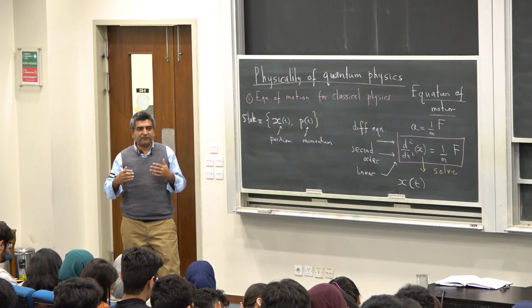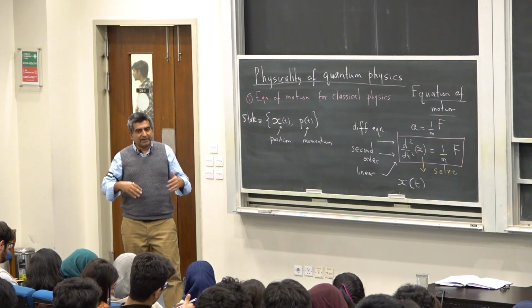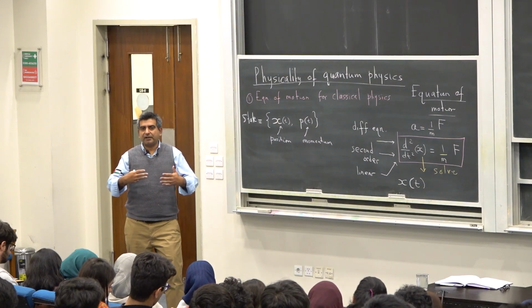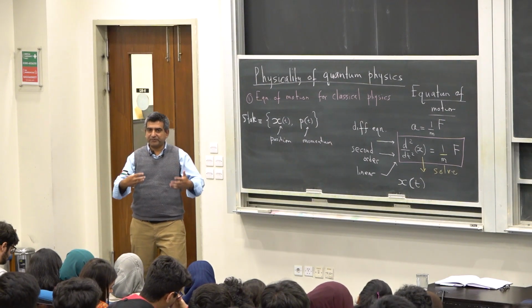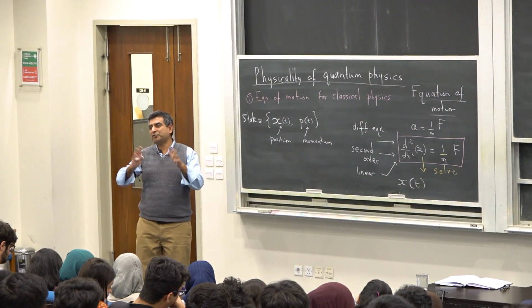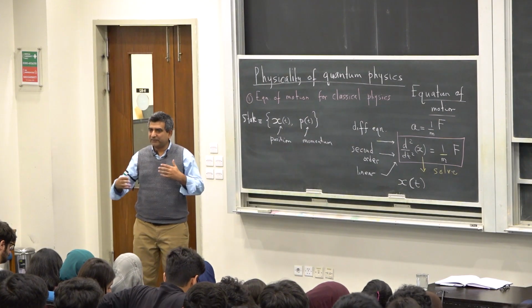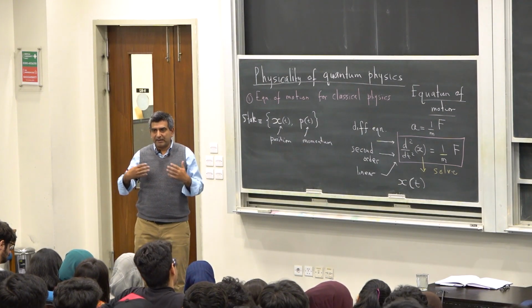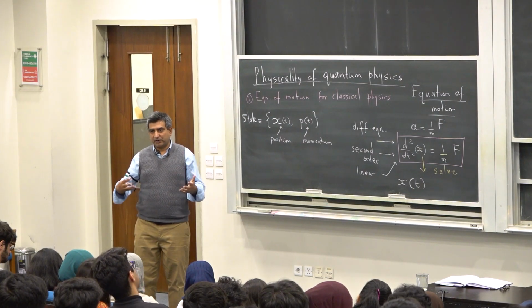And I can come up with a first order differential equation that describes the state evolution, that becomes an equation of motion. The only thing is that there are two such equations, and both of them are simultaneous equations. They work together with one another.